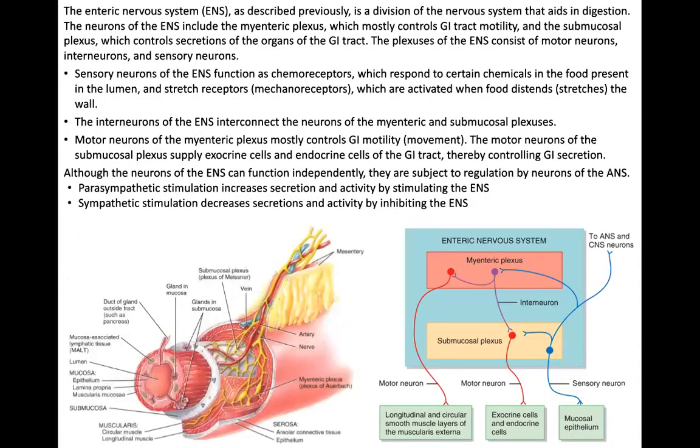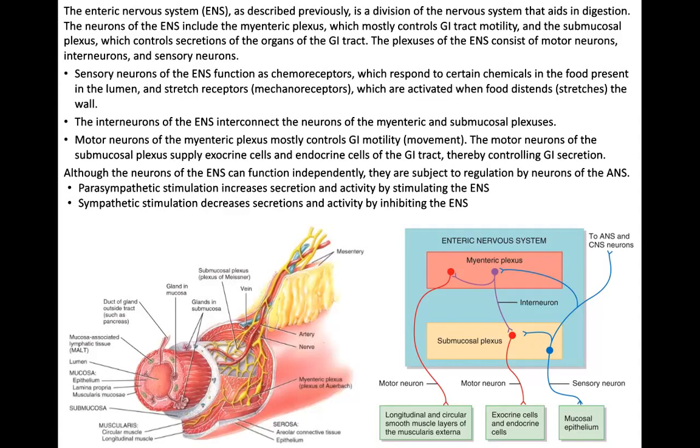Okay, let's talk about the enteric nervous system I was mentioning. We learned way back in our lecture when we introduced the nervous system that it is a division of our nervous system that aids in digestion. Neurons of the enteric nervous system include the myenteric plexus that I was just talking about, controlling GI tract motility. Motility, remember, is the ability of our tract to contract and move stuff along, and mix it up as well.